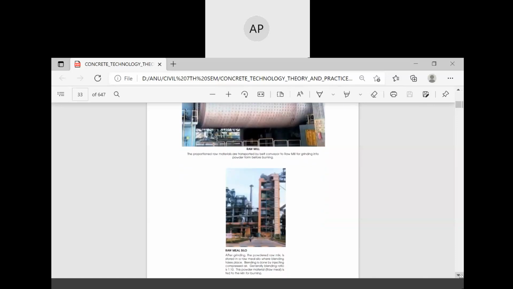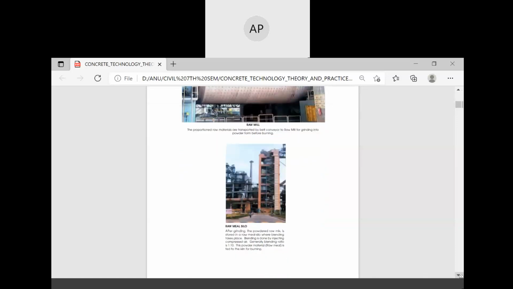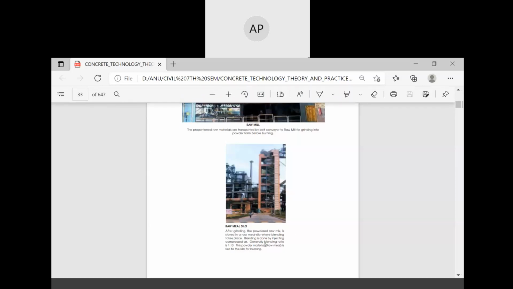This is a raw mill silo. After grinding, the powdered raw mix is stored in the raw mill silo where blending takes place. Blending is done by injecting compressed air. Generally, the blending ratio is 1 to 10. This powder material is fed onward, and after this it goes to the rotary kiln.